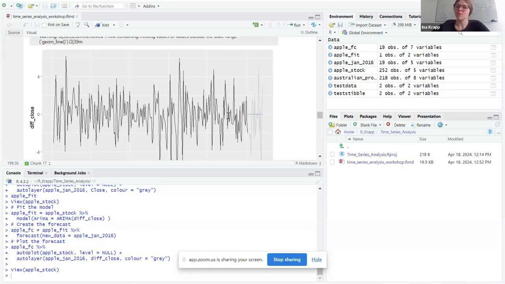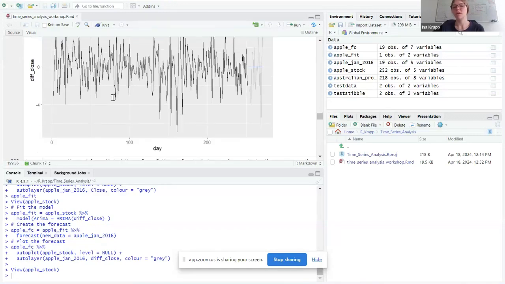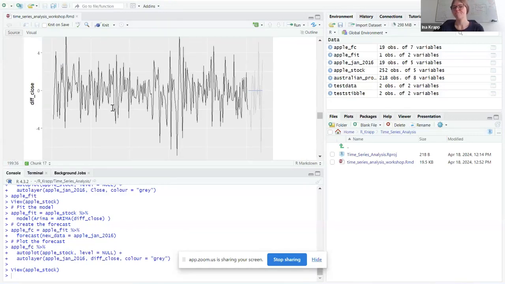But what we can also see now is that the blue line is fairly close to the mean value of this whole time series. And this is the logic, so to say, behind this whole prediction.